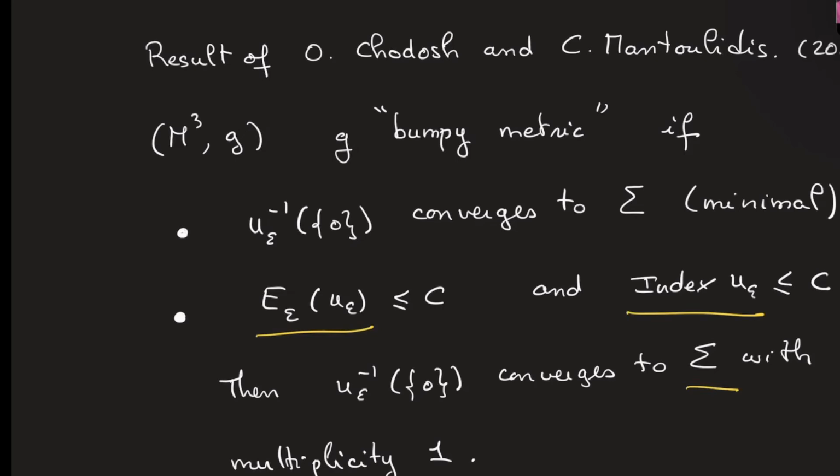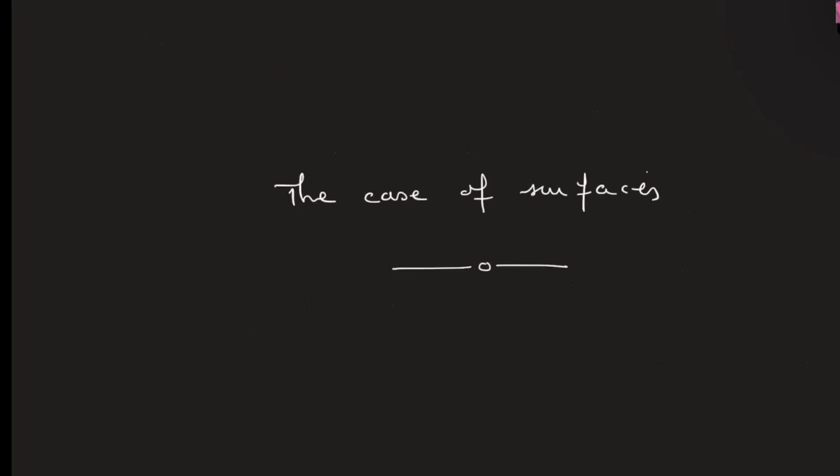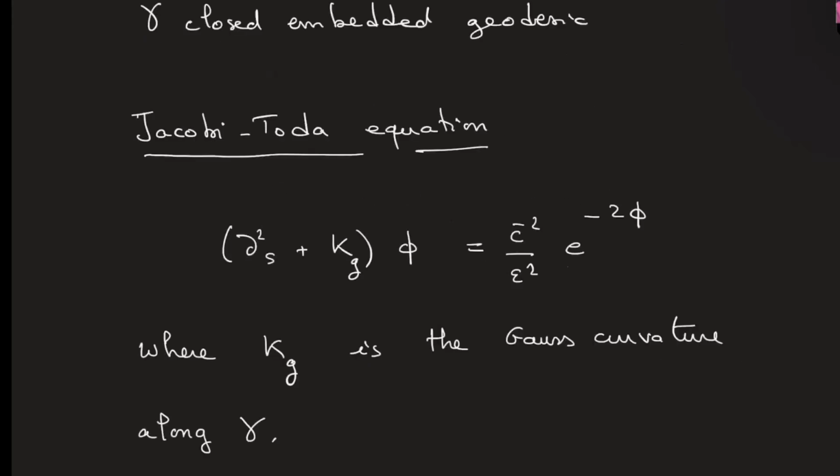So you can find solutions of the Allen-Cahn equation whose energy is controlled, whose index is also controlled, and as epsilon tends to 0, the 0 set will converge to a minimal submanifold. In the case of surfaces, this will be a geodesic with multiplicity, let's say 2. So now we are on a surface, and the minimal hypersurface is now a geodesic.